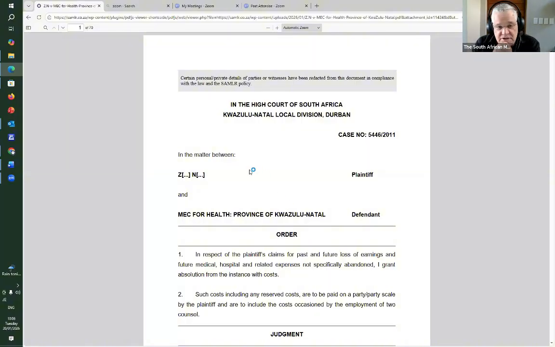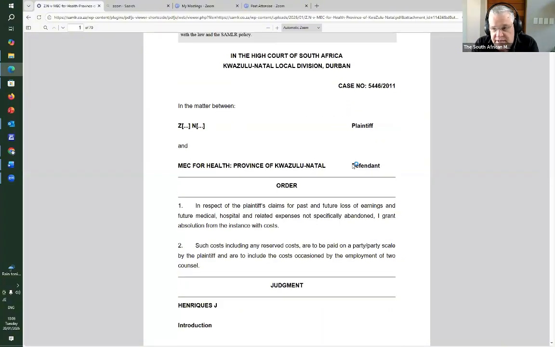Just before we get into the judgment itself, you'll see in grey, certain personal and private details of parties or witnesses have been redacted from this document in compliance with the law and the SAMLR policy. Firstly, the name of the plaintiff has been redacted as he or she was a minor.